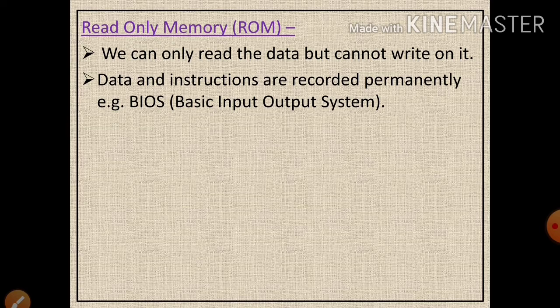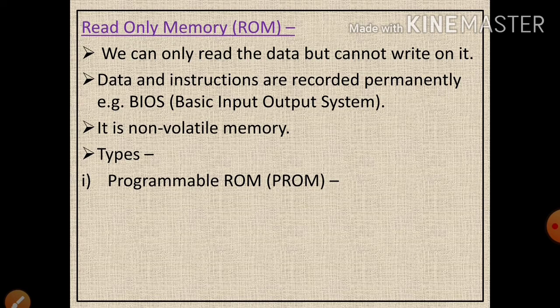RAM is a volatile memory, whereas ROM is a non-volatile memory. Now what is meant by non-volatile? Non-volatile means the data remains on the chip even after we have turned off the computer. If we turn off the computer, this chip will never lose its data.